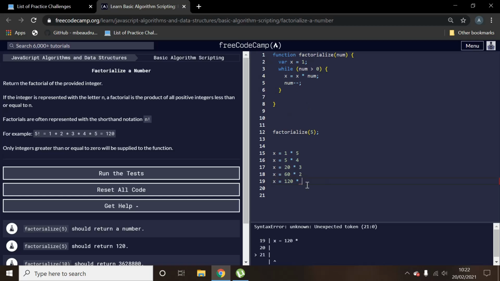The previous value of num was 2 here, you see, so now it becomes 1. Okay, again num minus minus, it becomes 0.